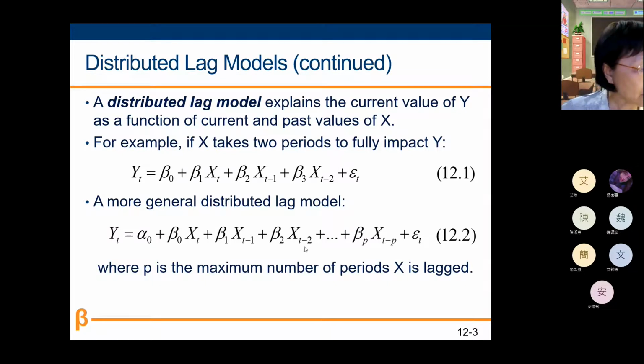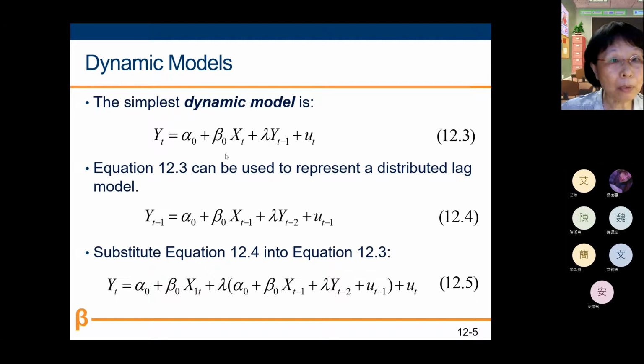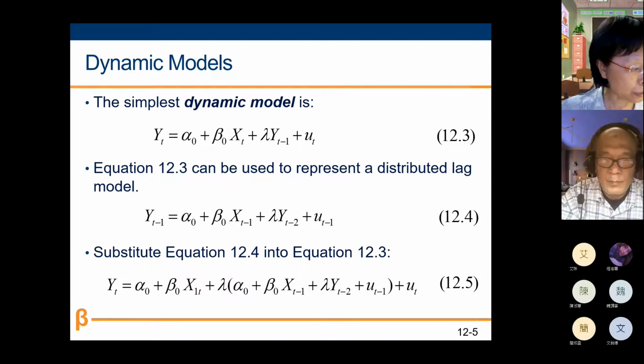However, the other one, the dynamic model, has a lagged dependent variable. Instead of a lagged independent variable, we have the lagged dependent variable on the right-hand side of the equation, such as 12.3. As you will see later, a dynamic model can also be represented as a distributed lag model.